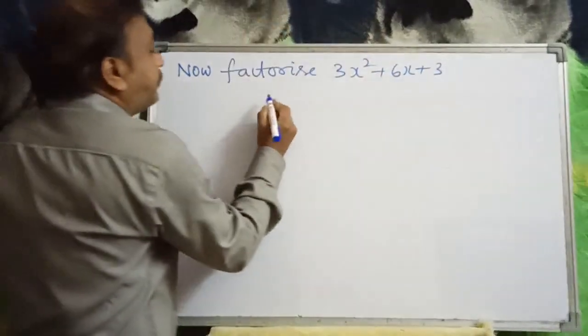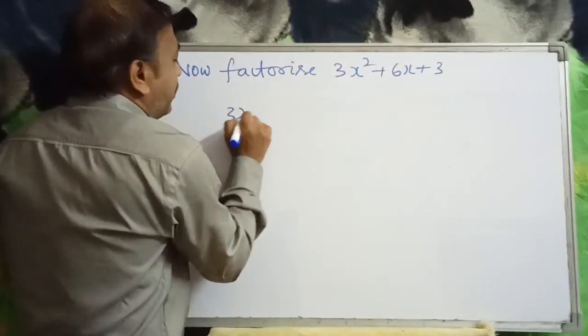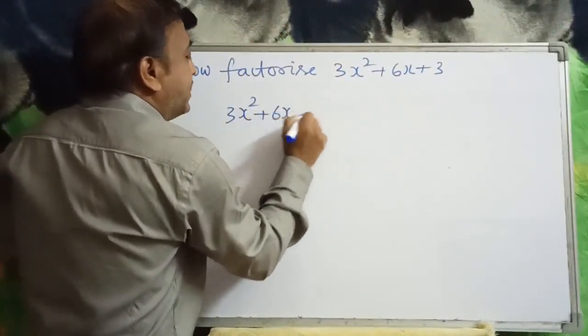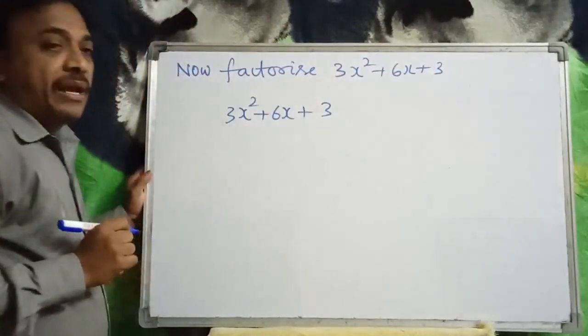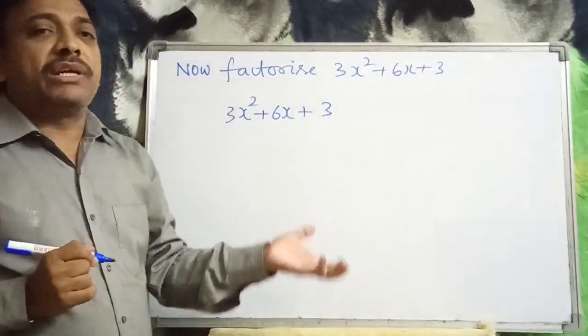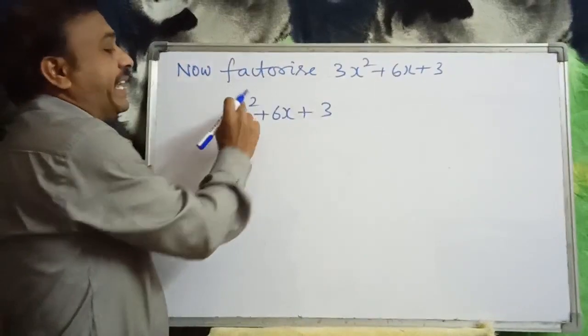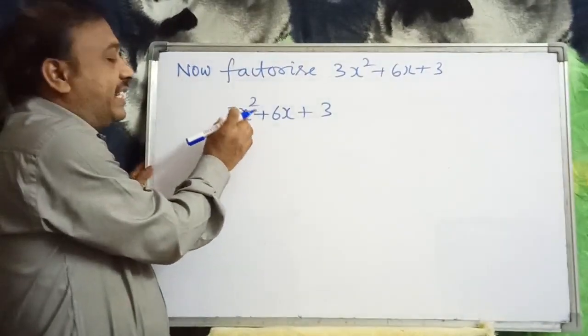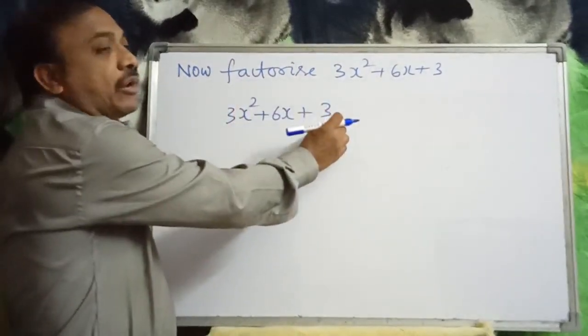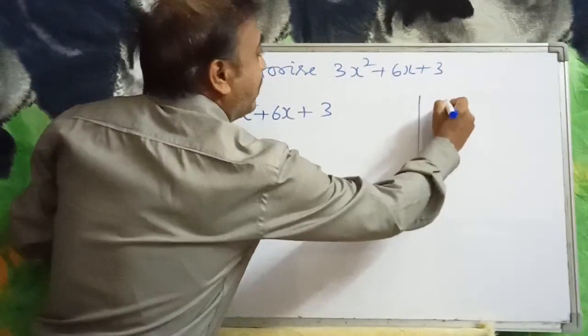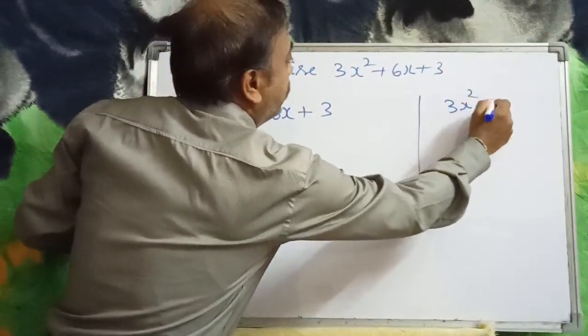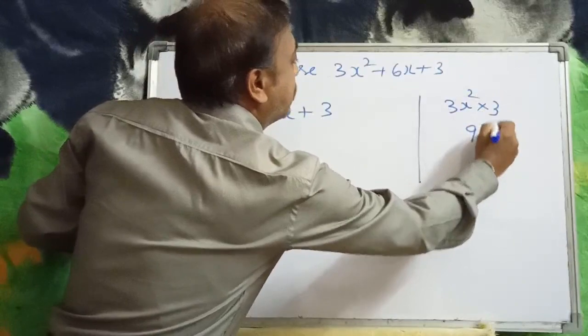That is, if you factorize 3x square plus 6x plus 3. Before factorizing, everyone knows how to factorize this: multiply the first term, ax square, and the constant. 3x square into 3 will give you 9x square.